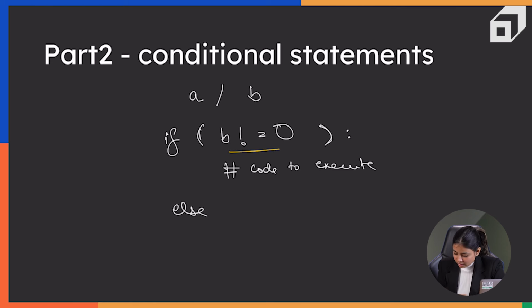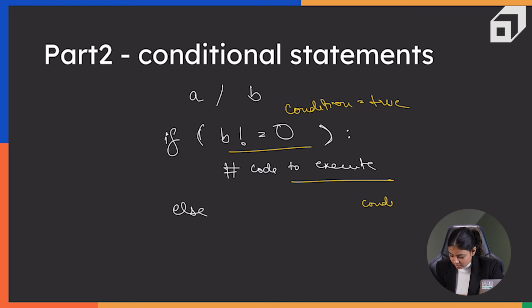So this is our condition here. If the condition is true, then this code will get executed. If the condition is false, in that case the else part of the code will execute.